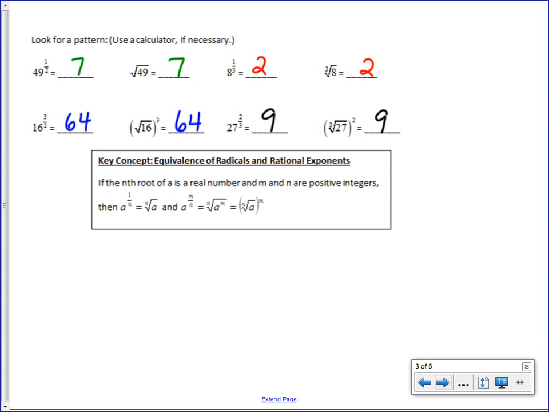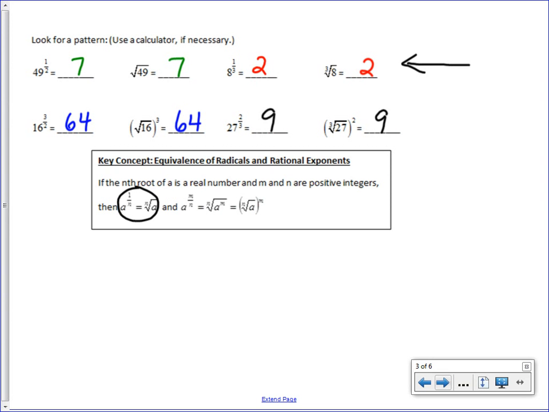So, in our key concept, the equivalence of radicals and rational exponents, if the nth root of a is a real number, and m and n are positive integers, then a to the 1/n power is equal to the nth root of a. Good examples are the top two problems.